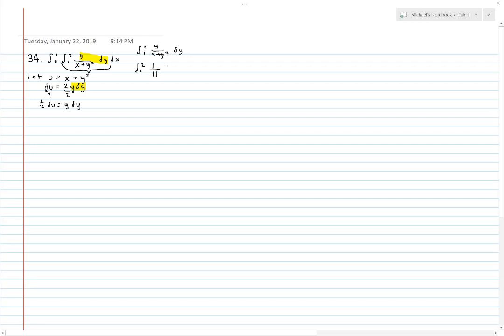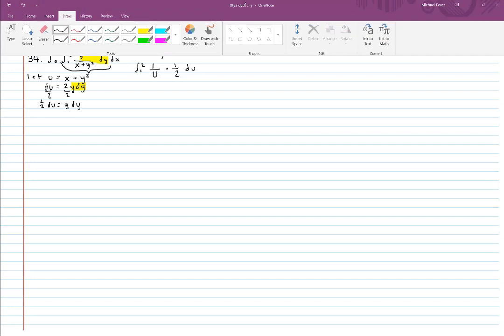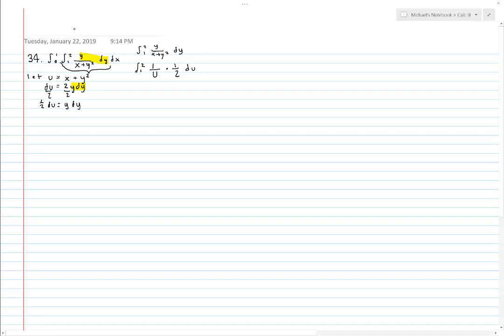So then they wrote times 1/2 du. And then we know that we're able to pull the 1/2 out. So let me mark that in red. We're able to pull this 1/2 over here.